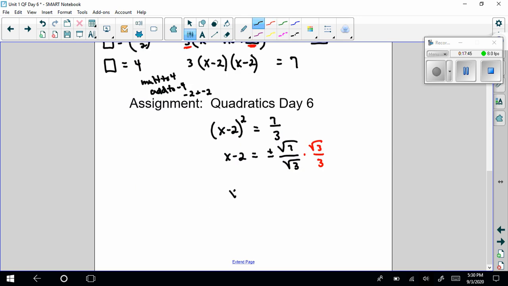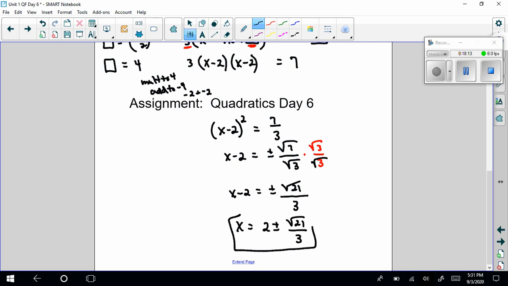So I get x minus 2 equals plus or minus 7 times 3 is 21 over, that should be a radical 3. Radical 3 times radical 3 is 3. And then I add 2 to both sides, so x equals 2 plus or minus the square root of 21 over 3.